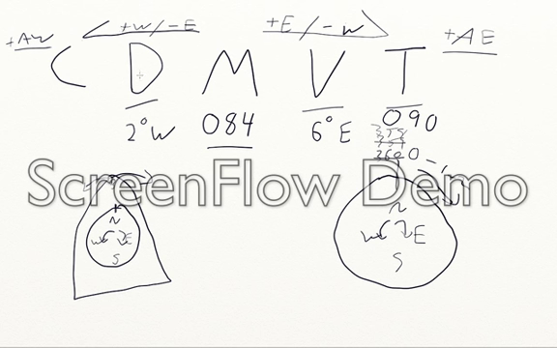True Virgins Make Dull Companions at Weddings, add west, and we're going to end up with 086 degrees. So when your compass is reading 086 degrees, your magnetic heading is 084 and your true heading is going to be 090 degrees true.